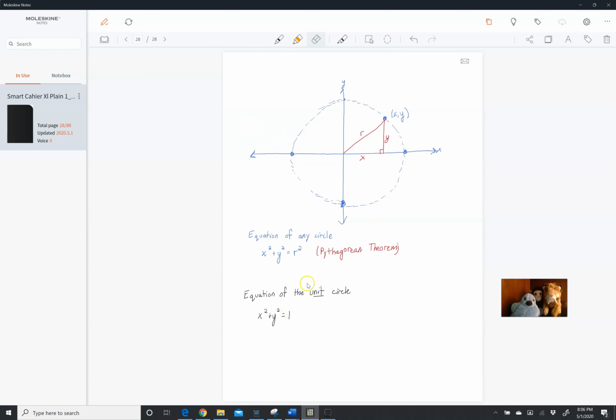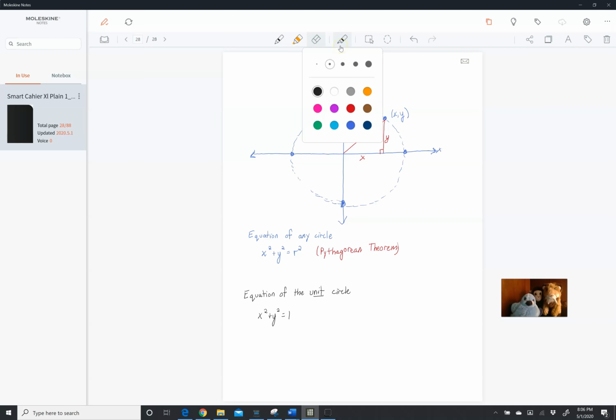Now, just as a side note, this has a center of 0, 0. But not every circle has a center of 0, 0, right? Let's say that our center was at c comma d. What that's doing is moving it to the right by c and up by d. If we have our center at 2 comma 3, we're going to the right by 2 and up 3. That's a translation, so when we move our center, we're translating it.